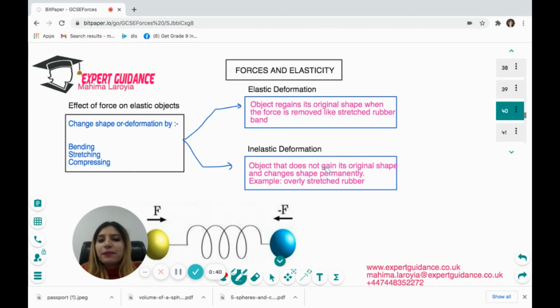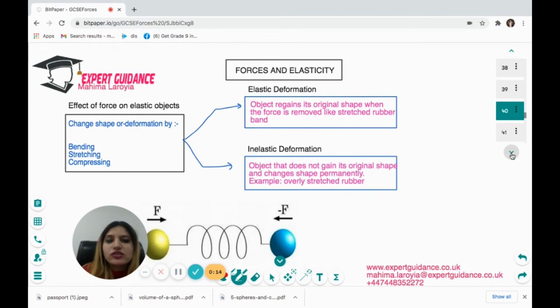The deformation could be elastic, so when the force is removed, the object regains its original shape. That kind of deformation is known as elastic deformation. Inelastic deformation is when the object does not regain its original shape and changes shape permanently after the force is applied. Example: an overly stretched spring.